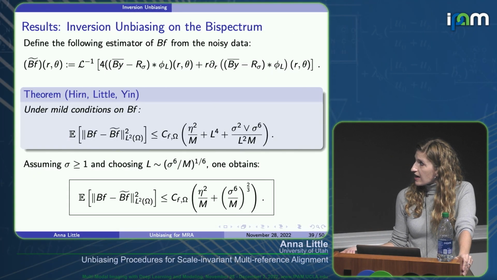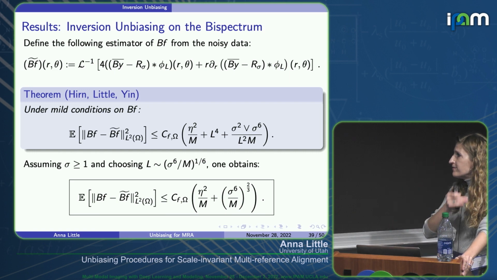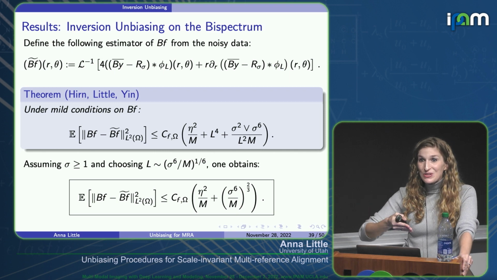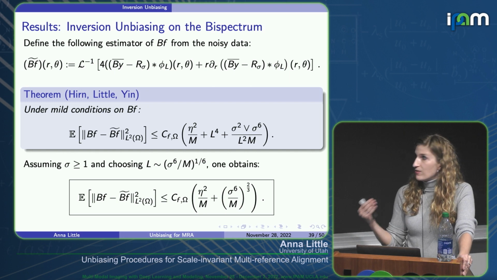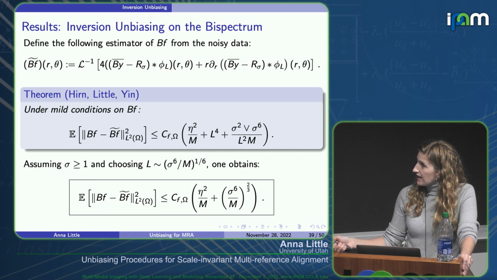Okay, and this actually works out in very similar ways to what I already presented to you on the power spectrum. You can do the same thing on the bispectrum. You just gain the invertibility that you didn't have before. So you have a slightly more complicated estimator, but the idea is the same.